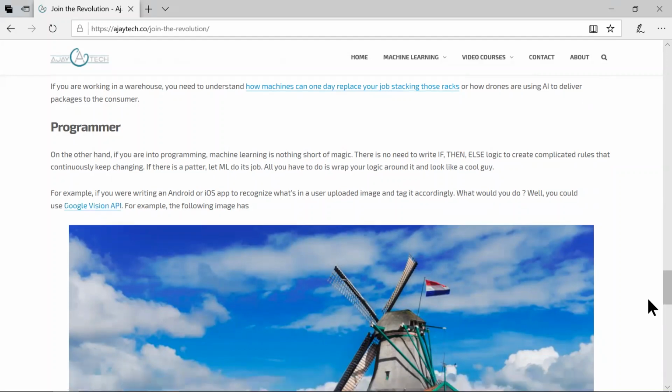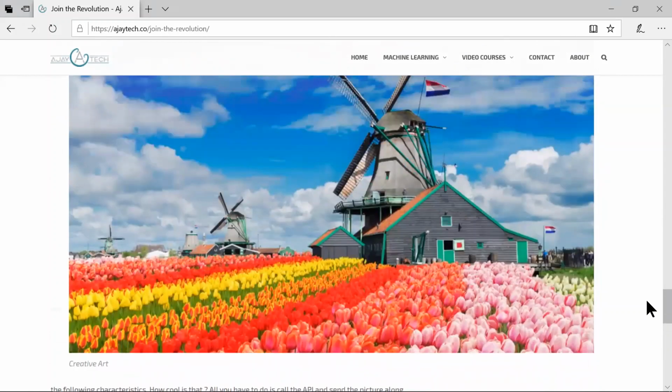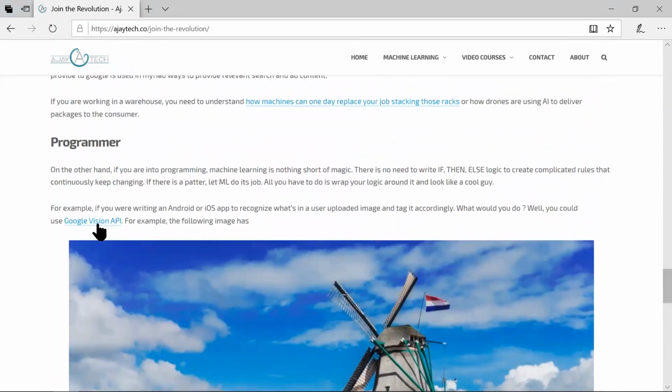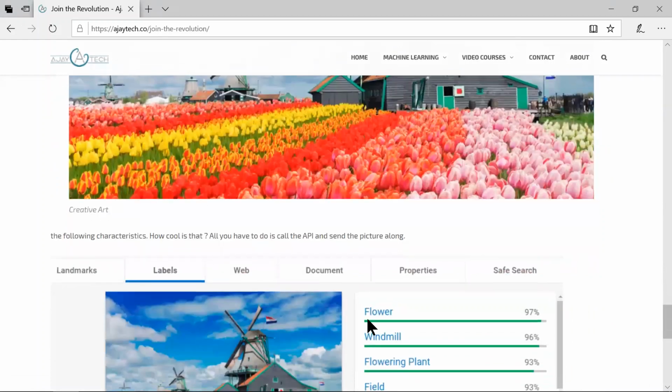You can upload a picture. In this case, I've taken this picture off of Wikipedia. It's just a flower farm with a windmill and some buildings, right? You upload it to the Google Vision API. And here is what it gives you.